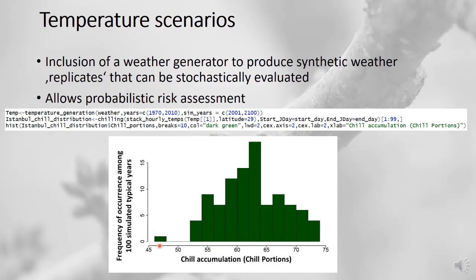These are quite unlikely. This is also somewhat unlikely, but a little bit more plausible. The most likely range is somewhere around here. So this is now sufficient information for anyone who has an orchard in this location to decide what the most appropriate chilling requirement for the trees that he wants to plant are.